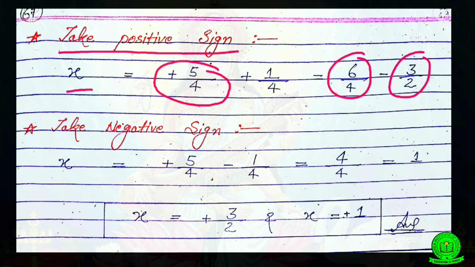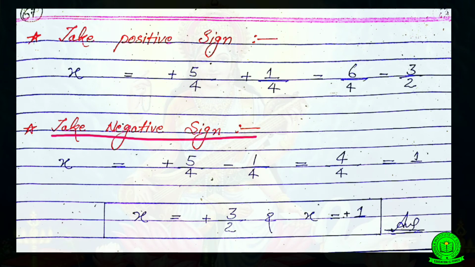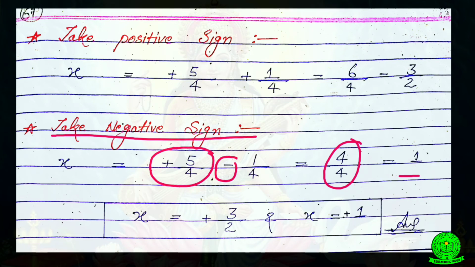Okay, negative sign, if I take the negative sign, that is 5 by 4, and here we have to take minus 1 by 4. If we solve, we will get 4 by 4, that is 1. So the values of x we have got are 3 by 2 and 1.